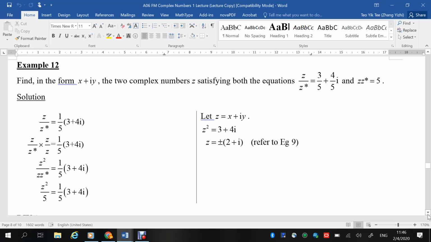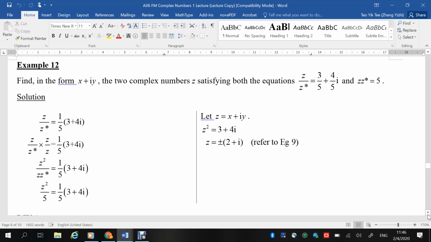Then I multiply top and bottom by z. I'm going to create a z squared on top and a z conjugate at the bottom. Why do I want to do this? Because I can pump in z conjugate to be fine. After you do this, you're left with a power 2 equation.